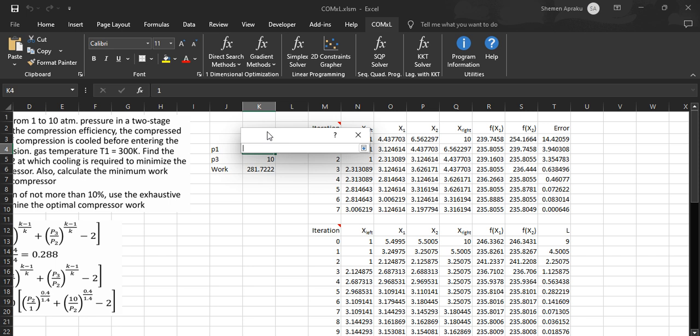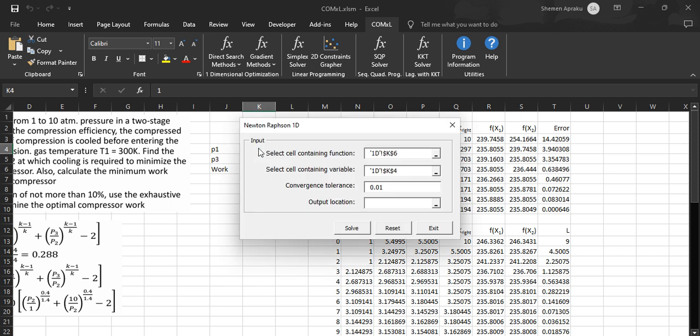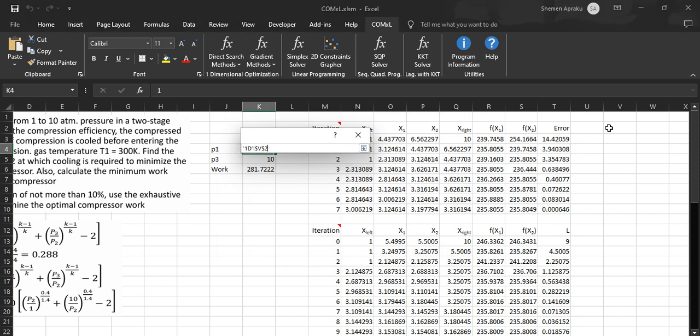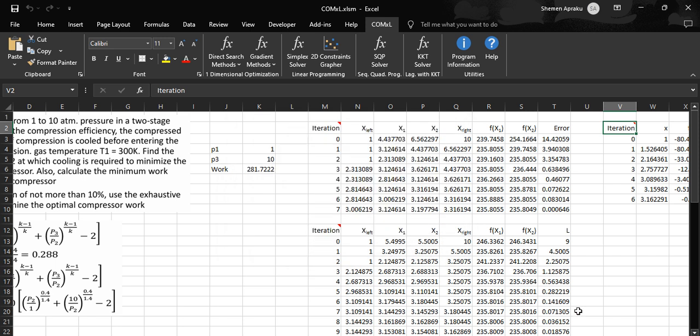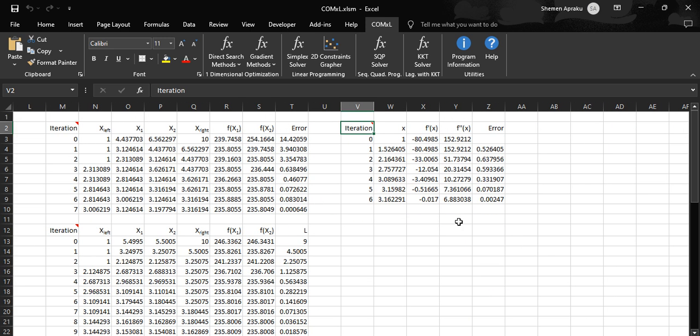Now if we come to the gradient method, so with this objective function, and since this function was written in terms of the variable P1, that is the lower boundary of the variables, if you run the Newton-Raphson method, it asks for the cell containing function. So sorry, that is this cell. It asks for the cell containing function variable, and since it was written in terms of P1, we select P1.